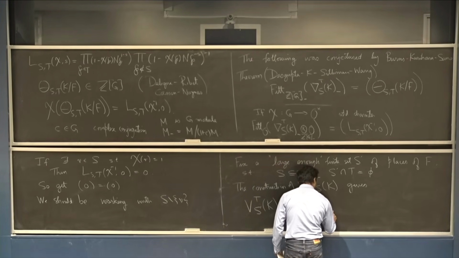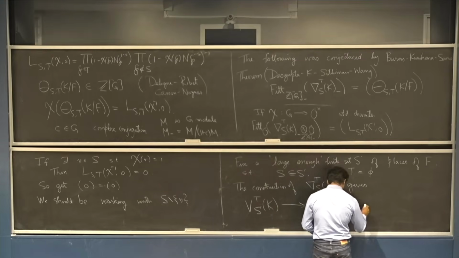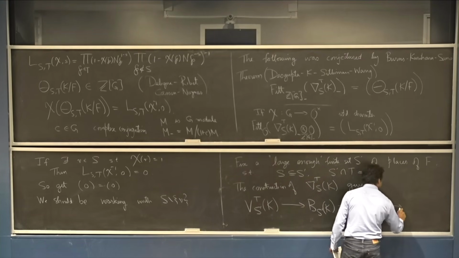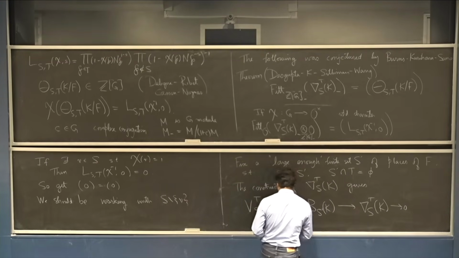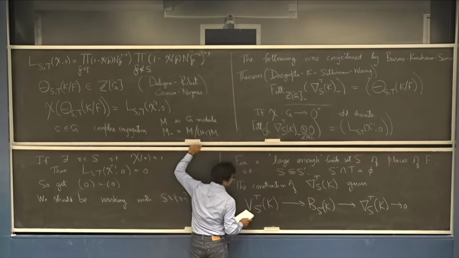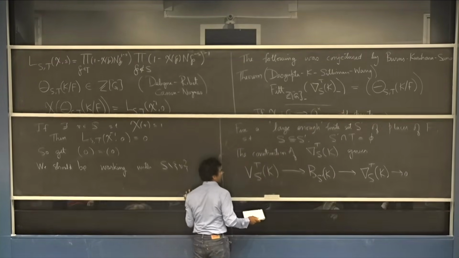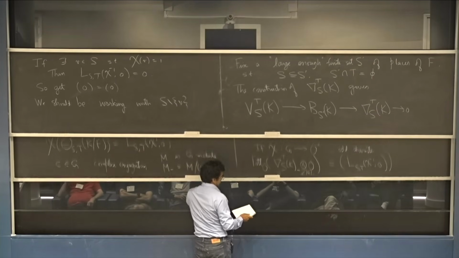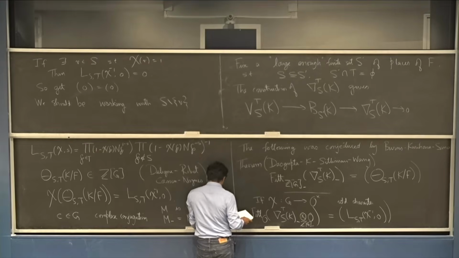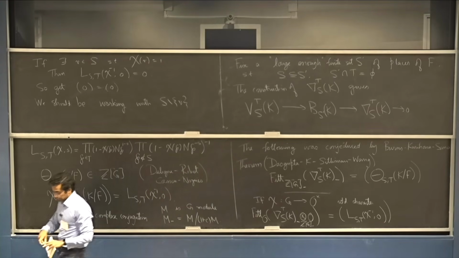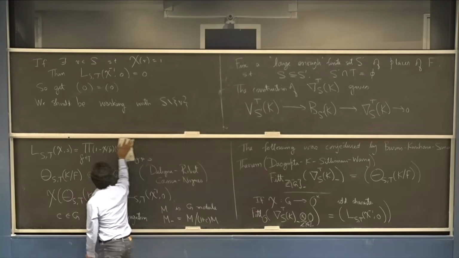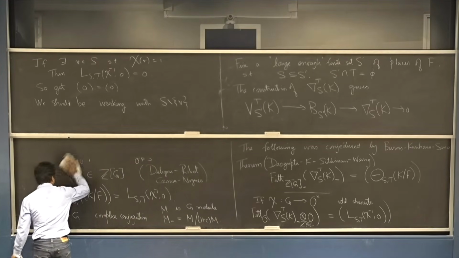I'll say a word about the nature of this presentation. So the B module is kind of very simple. It's a free ZG module of rank, the number of elements in S prime minus 1.